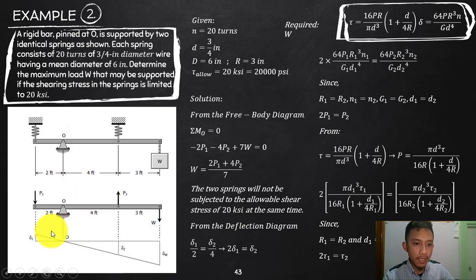If I do that, then this will be our equation. Let's say clockwise is positive, so this is counterclockwise 2 times P1 negative, counterclockwise 4 times P2 negative, and then this will be clockwise 7, 4 plus 3, 7 times W, equate that to 0, equilibrium. Playing around and then solving for W, you will have here 2P1 plus 4P2 over 7. This will go positive on the other side.